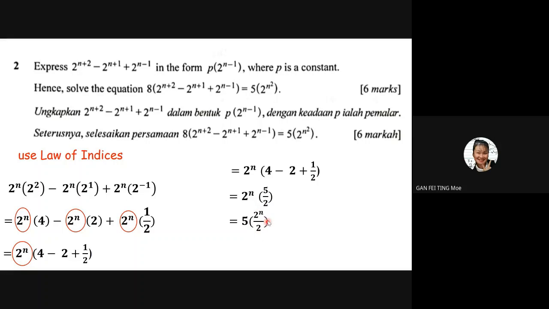Now you can see this. Ini adalah pembahagian nombor berindeks, 2 to the power of n bahagi 2 power 1. When 2 to the power of 1, 2 kuasa 1, you are going to write it in this form. 2 to the power of n over 2 is written in this form. And this is actually this. Yang kamu telah tulis ini, see, they play around with this. Semua benda adalah sama. Adakah kamu telah menguasai?